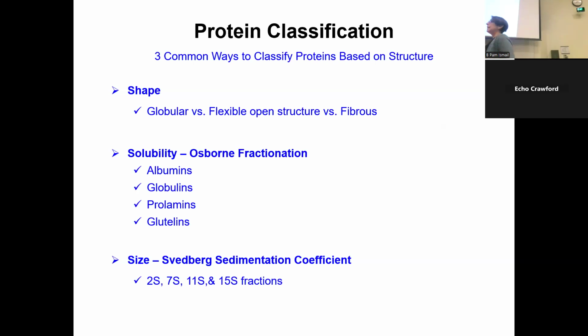So later on in the semester, you'll hear me refer to classification of proteins. You're going to hear 2S, 7S, 11S, 15S. What does that mean? And you're going to hear albumins, globulins, prolamins, glutelins, and you're going to hear me say globular, flexible, open structure, fibrous.